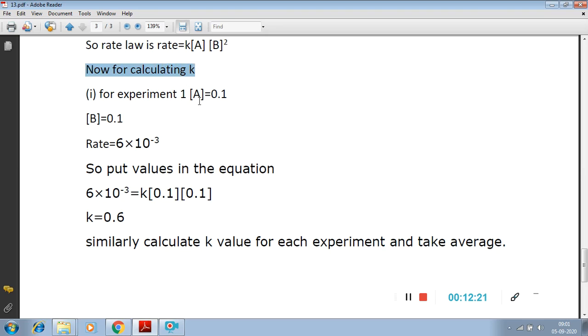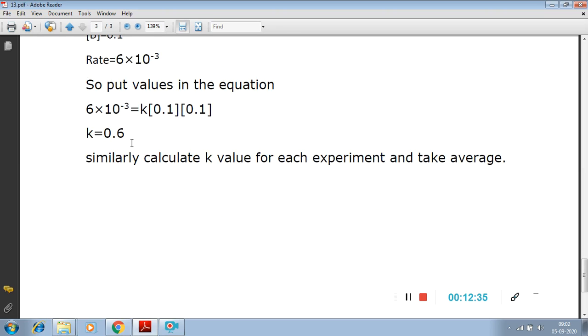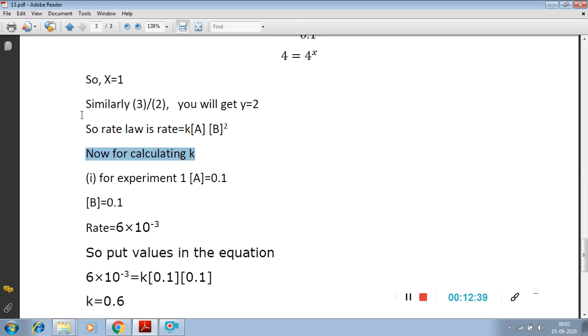For experiment number 1, concentration of A is equal to 0.1, concentration of B is equal to 0.1, and rate is equal to 6 into 10 raised to minus 3. Those three values we have. The rate equation also we have here.